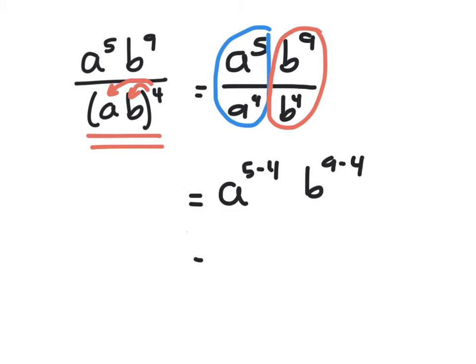And finally, we can write out this new expression. 5 minus 4 is 1, so that's a to the 1st power. We typically don't write the 1 down, though. We'll just write letter a. 9 minus 4 is 5, so that would be b to the 5th power. And then when you write these expressions, go ahead and list your variables in alphabetical order.